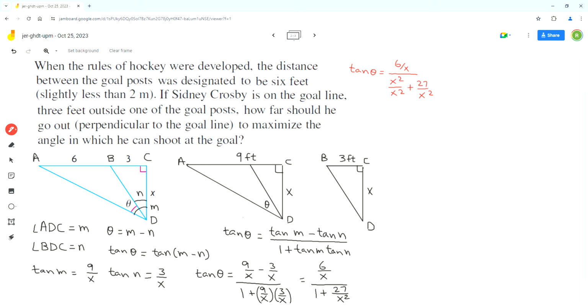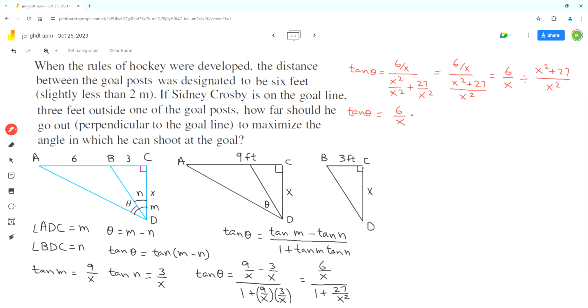Now we can combine the fractions in the denominator. Next, we can write this expression as a division statement for these two fractions. Next, we can change this division statement into a multiplication statement.